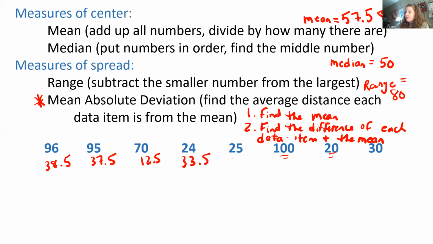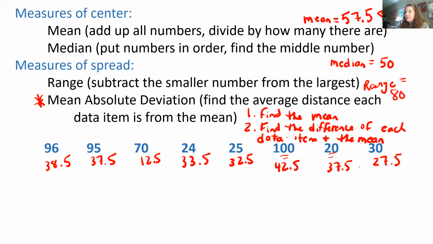So this would be 32.5. 100 minus 57.5 is 42.5. 20 from that number is 37.5, and 30 from 57.5 is 27.5. All right, so these represent the difference between each data item and the mean.